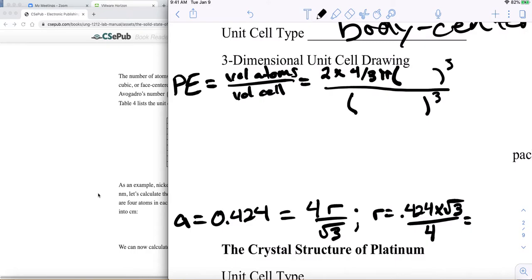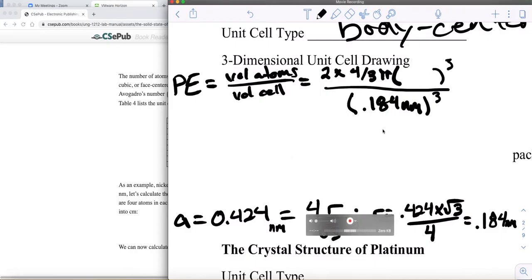I'm just going to take a second and actually calculate that. And I get about 0.184 nanometers, since my starting unit for the edge length itself was in nanometers.